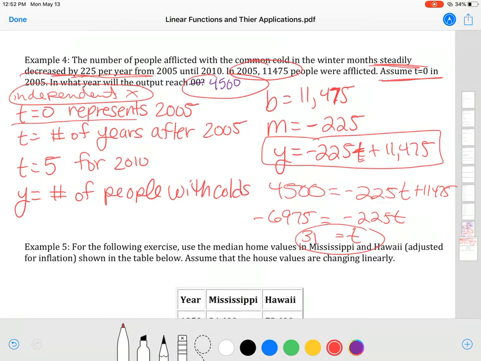Remember, t equals 0 represents the year 2005. So if we're 31 years after 2005, that's going to be the year 2036, because I take 2005 and add 31 years.